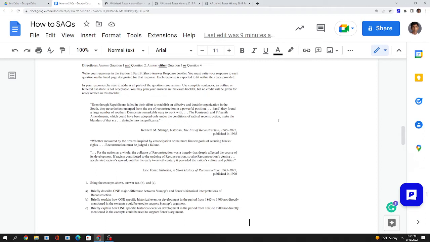The meatier questions come where you have to explain a development that would support the author. The best way to approach that is by looking at who the author is, looking at the time period, and saying, okay, I know this author has this political bias. That probably means that he was influenced by this historical event this way, right? Historical events influence people in different manners.